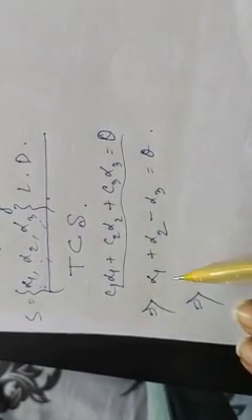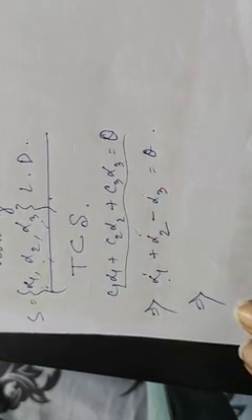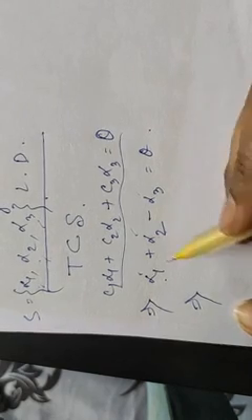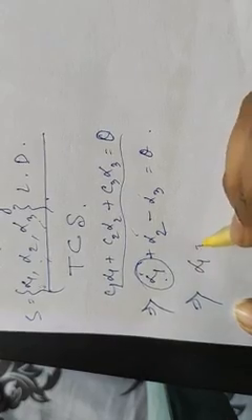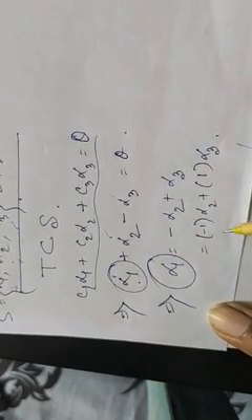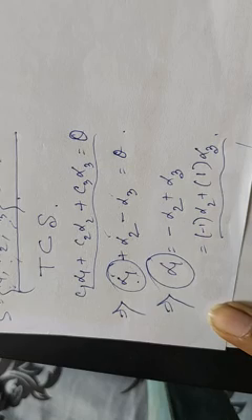Now check, if we take any vector, either alpha 1 or alpha 2 or alpha 3, it can be expressed as the linear combination of the others. If we take alpha 1, then it will become minus alpha 2 plus alpha 3. That is minus 1 into alpha 2 plus 1 into alpha 3. Right? That is, alpha 1 can be expressed as the linear combination of the other two vectors. So from the set S, we can omit alpha 1 by applying the deletion theorem.